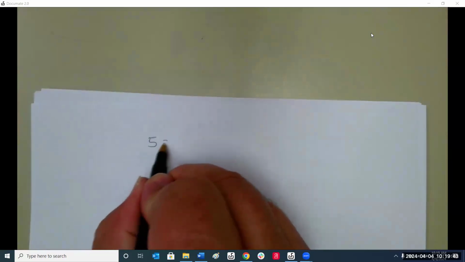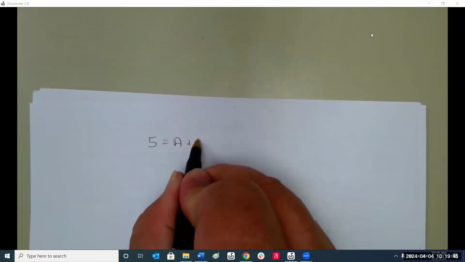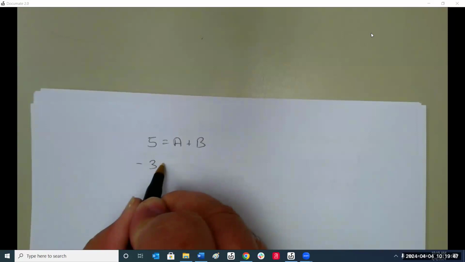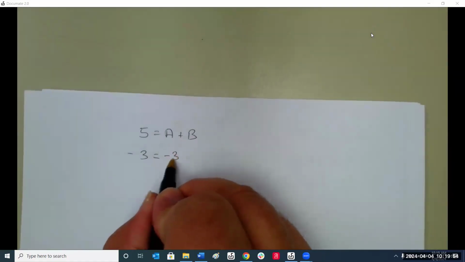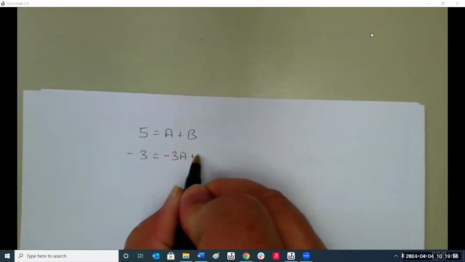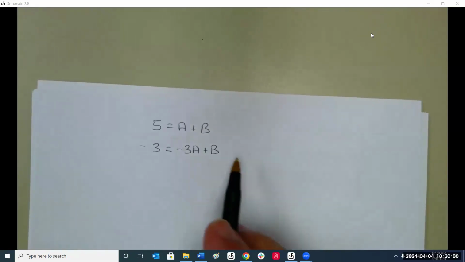So 5 equals A plus B. Negative 3 equals negative 3A plus B. Now we have a system of equations.